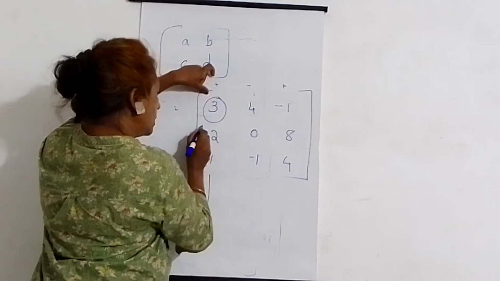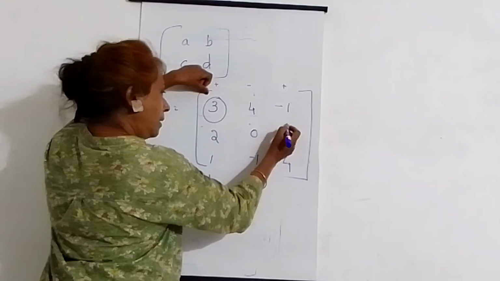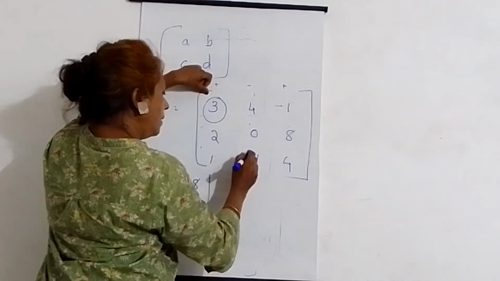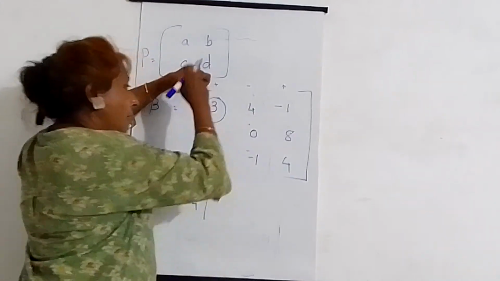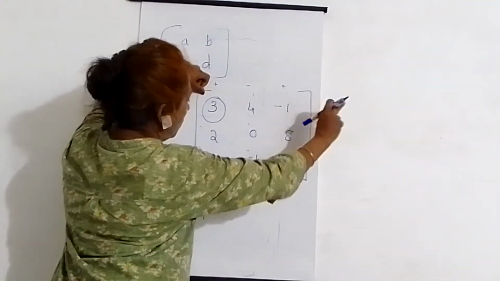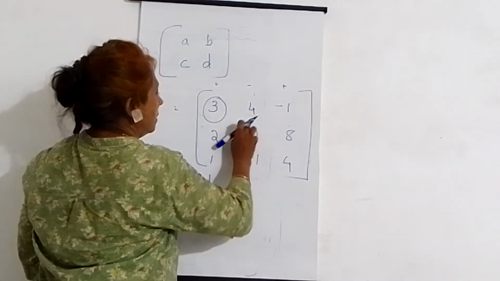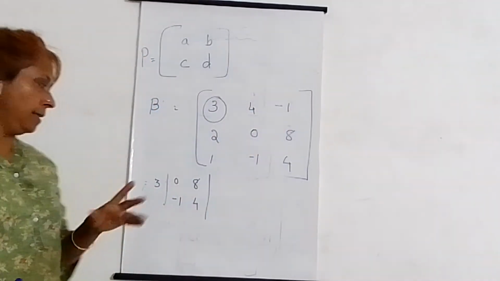Similarly, here it is positive, this is negative, this is positive, and this is negative, so this must be positive, and here it must be negative. See, alternating positive and negative, row-wise and also column-wise. To get that, another way is also there; I can explain it. Okay?